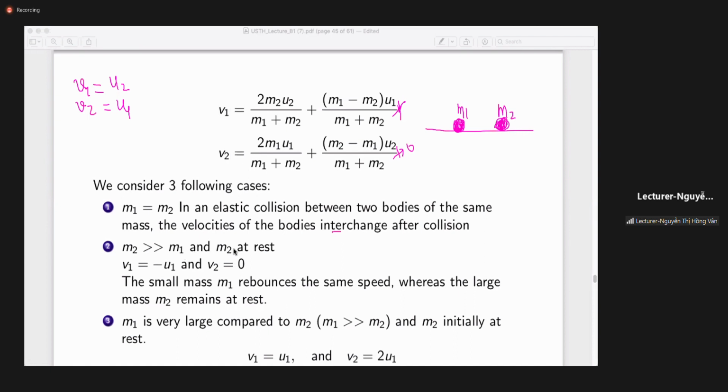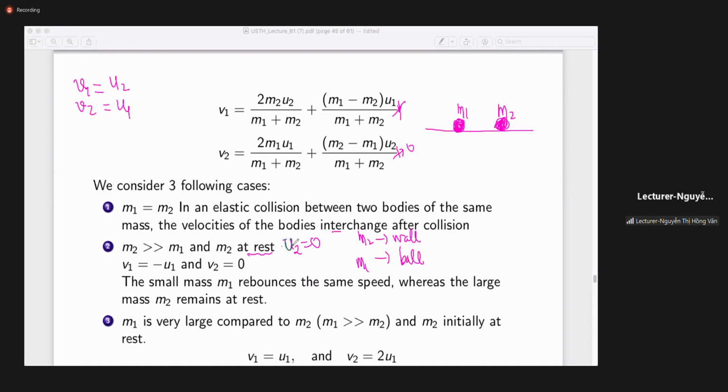So in this case, M2 is at rest. So M2 is the wall. And M1 is the ball. Initially, the wall is at rest, of course. And so this guy at rest, which means that U2 equals 0. So I take another color.